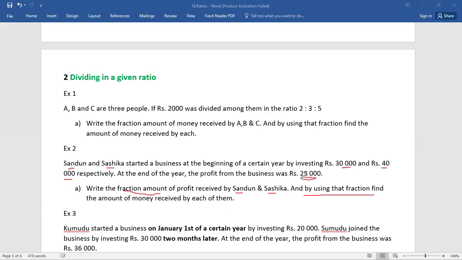By using this 28,000, how much of the profit will Sandun receive, and how much will Shashika receive? First of all, you need to find the fractions received by Sandun and Shashika.